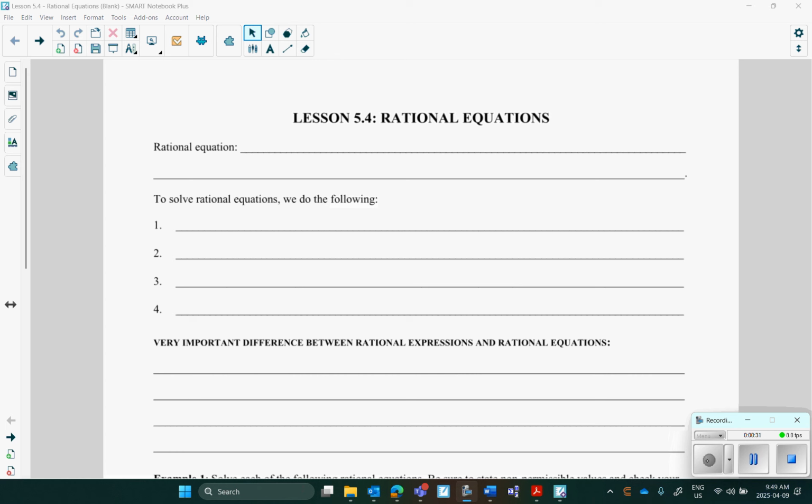Who can tell me the difference between an expression and an equation? Can you give me an example of a rational expression?